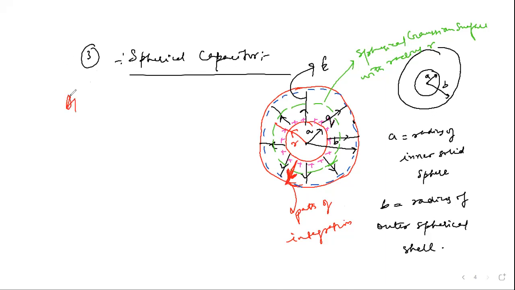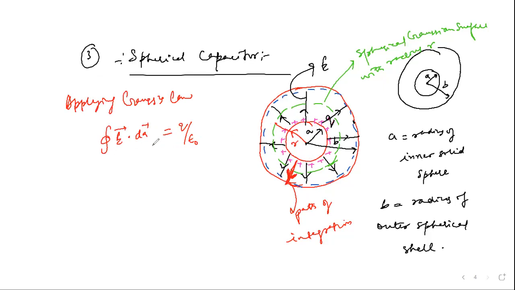Applying Gauss's law, closed integral E dot dA is Q by epsilon naught. Again, Q is the charge inside the Gaussian surface, and the electric field over the Gaussian surface is constant, so it can be taken out.